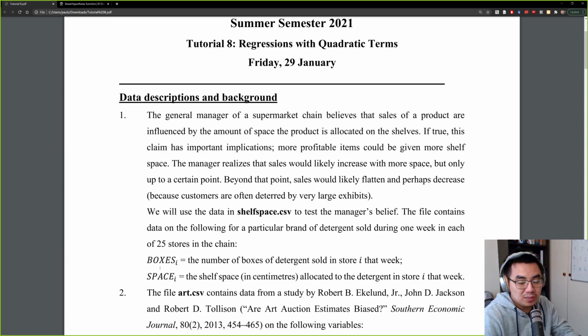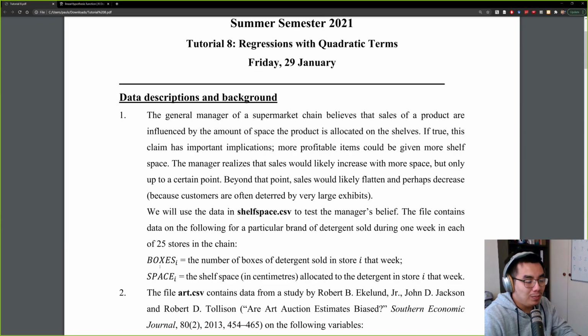These two variables broadly refer to a shop's decision on how much space to allocate to displaying a certain brand of detergent, and how much of that brand of detergent is eventually sold.